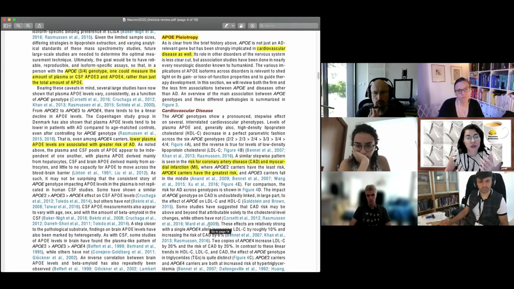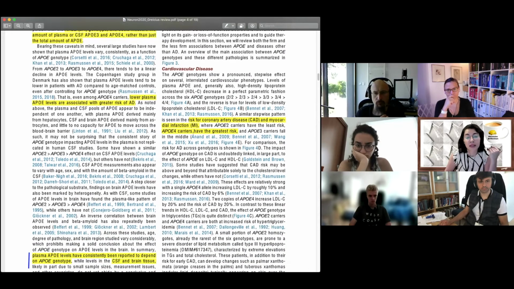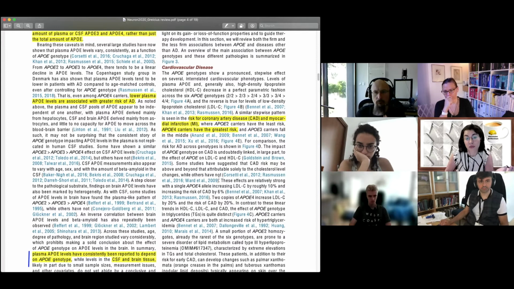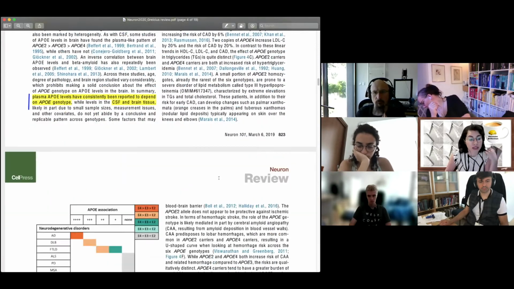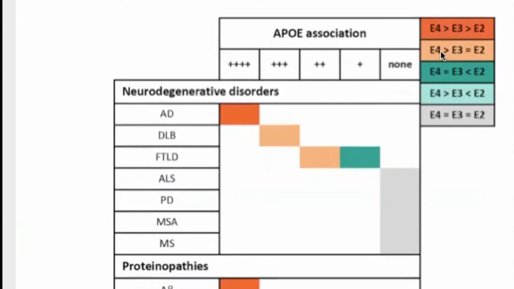Indeed, it is correlated with a high risk of coronary artery disease, myocardial infarction, and the patients who present this variation, the APOE4, have a higher risk of these cardiovascular diseases.